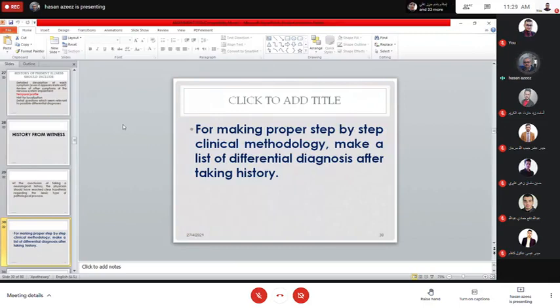This is very important. In the first slide, I said we have step-by-step clinical methodology, and the most important step, which is taking history, done in a proper way, is to put a differential diagnosis.